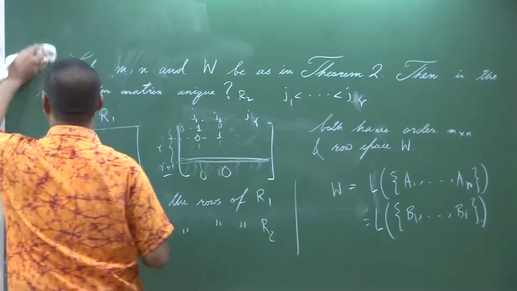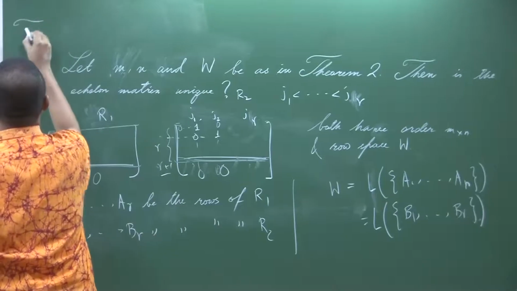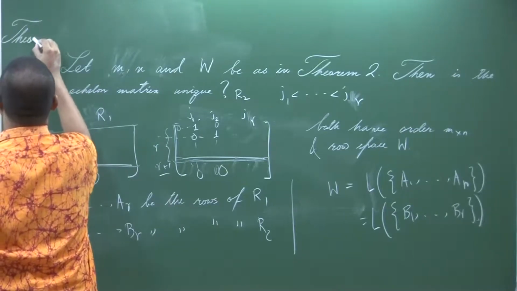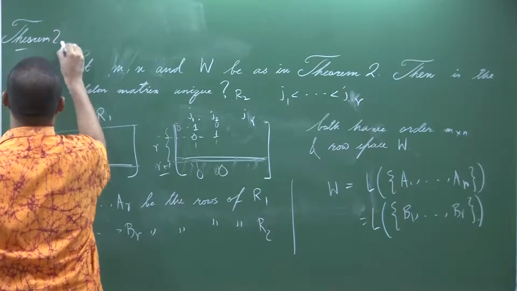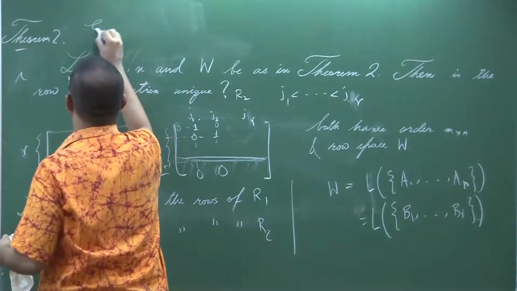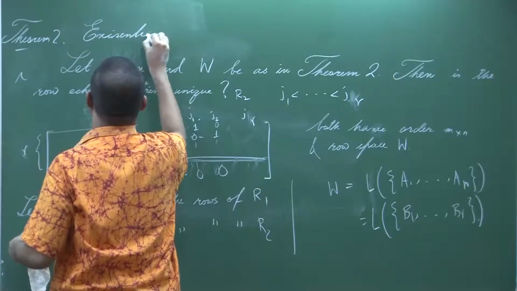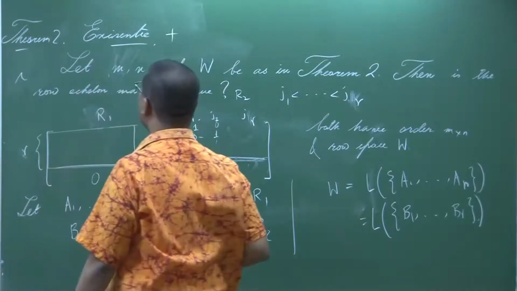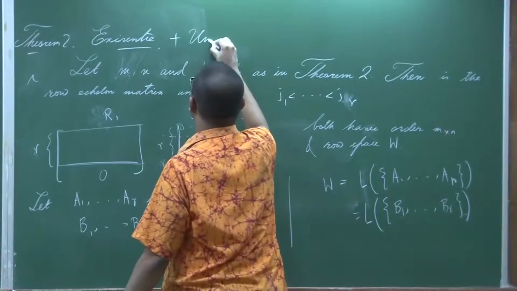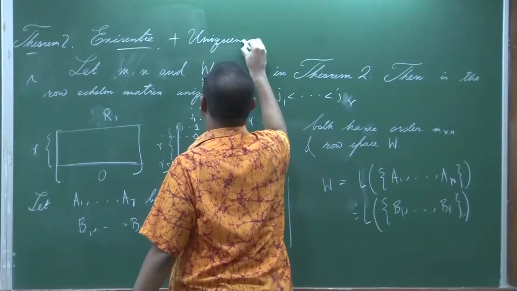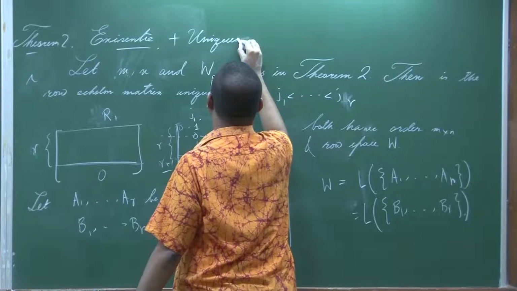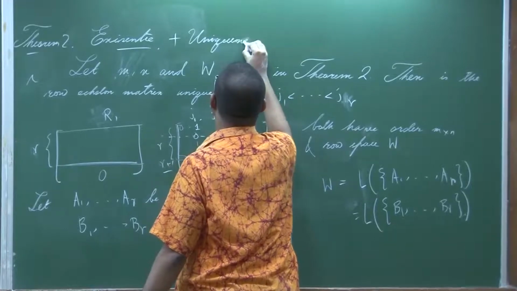Therefore, we add that in theorem 2. What was theorem 2? Theorem 2 guarantees the existence. With that, we have proved the uniqueness.